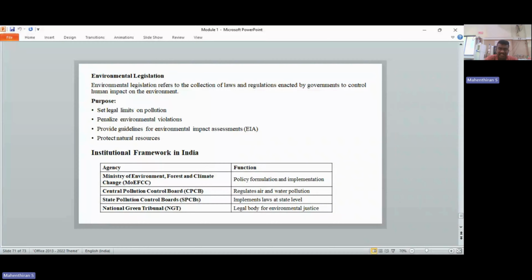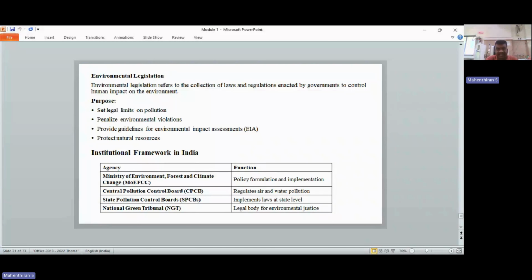Their functions include implementing the laws at the state level, conducting inspections of industrial units, and monitoring ambient environmental quality.